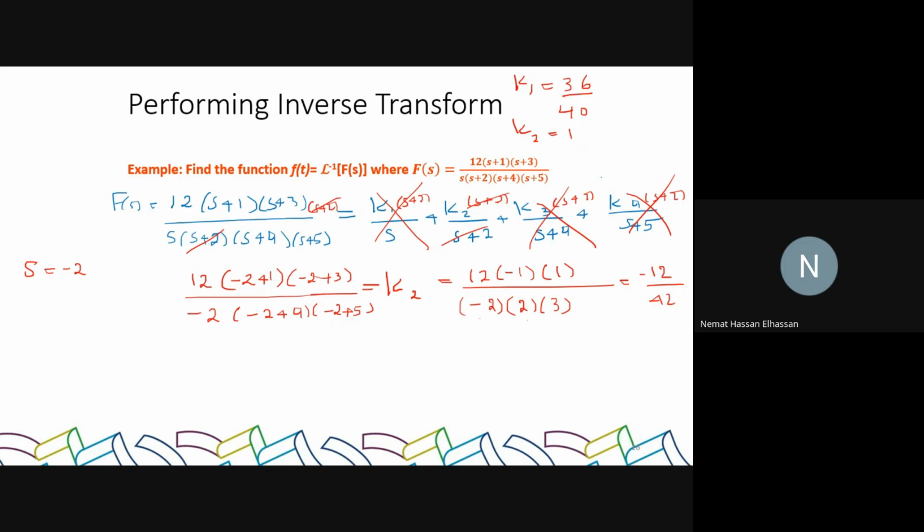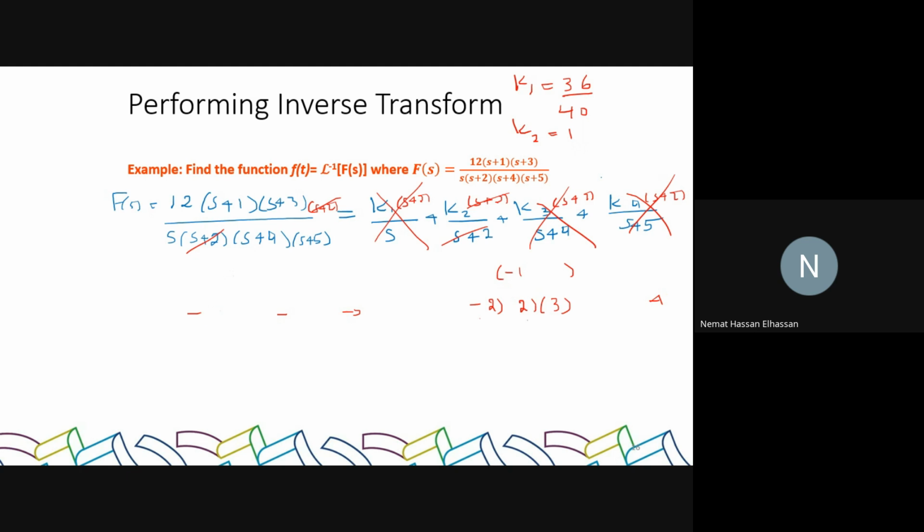Can we repeat the exact same process for K3? So what do I do next? If I want to find K3, I multiply by S plus 4. Perfect. So I'll multiply both sides of the equation by S plus 4.